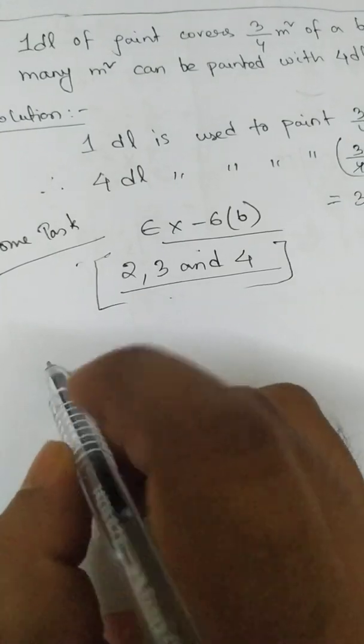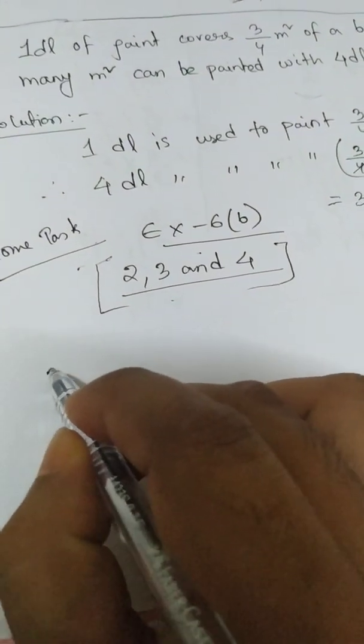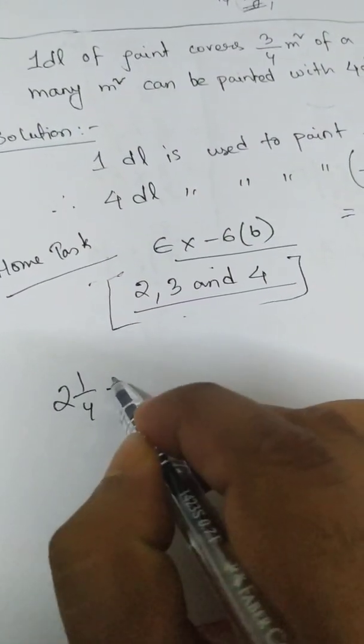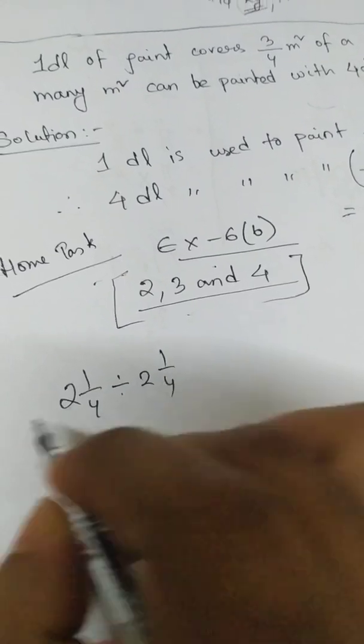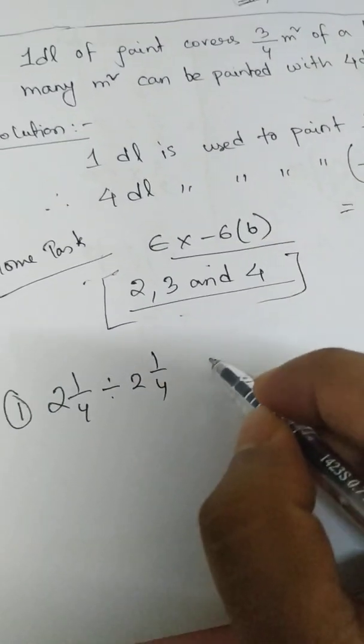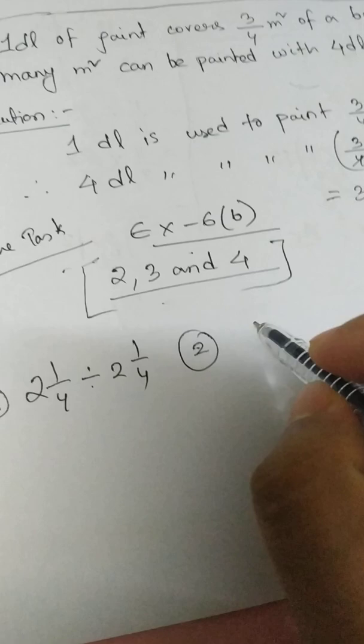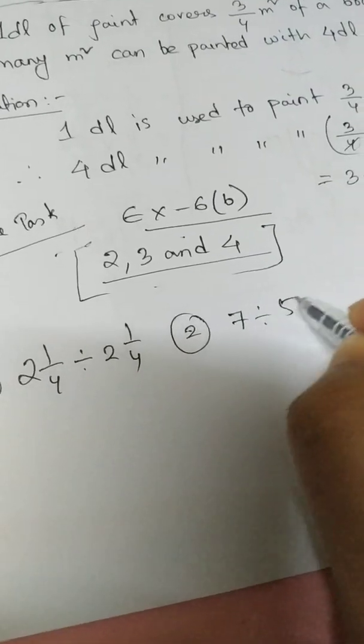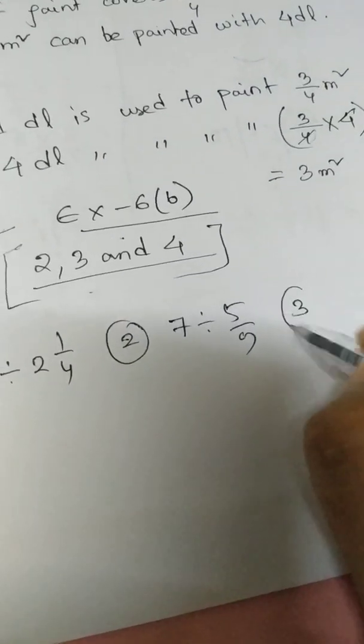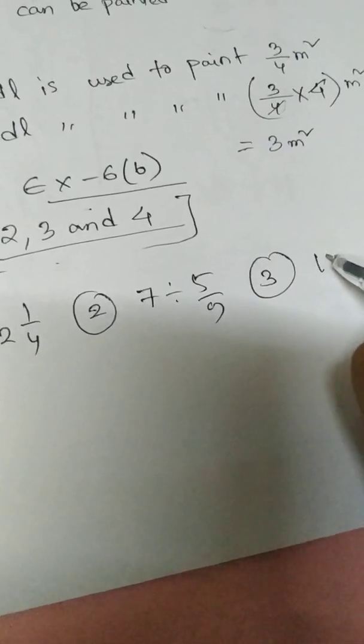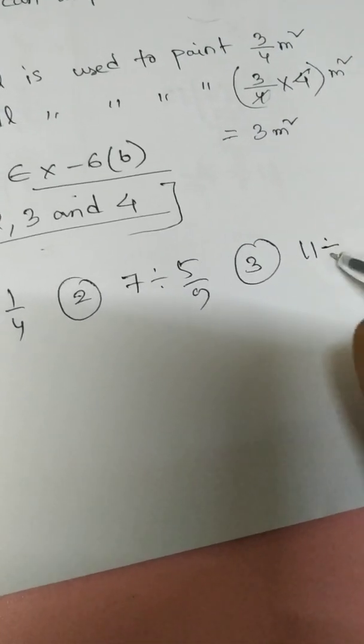Then let's give you some more tasks for division. Let's say 2 1 by 4 divided by 2 1 by 4. Then 7 divided by 5 by 9. Then 11 divided by 2 1 by 4.